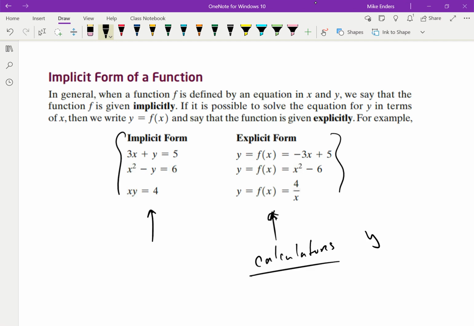So our calculators traditionally only have a y1 equals or a y2 equals or a y3 equals, and we have to very specifically state in terms of y what we have, because in terms of y is also the function itself. So we have different types of things. They can take different forms, different shapes, and that's fine if they take those different varieties. Okay.